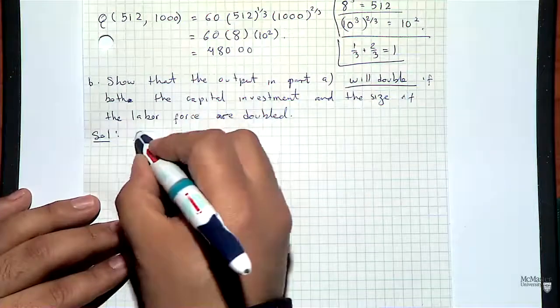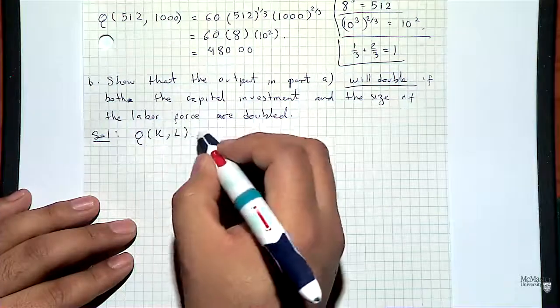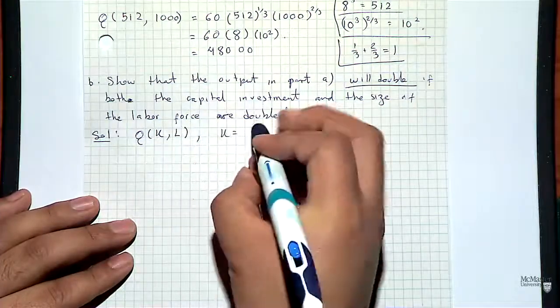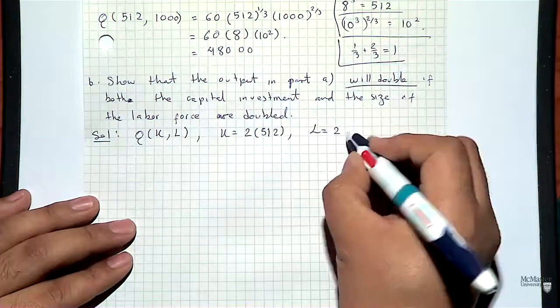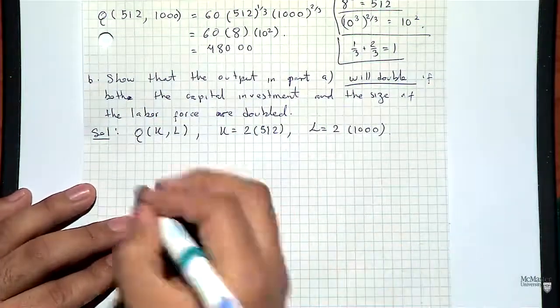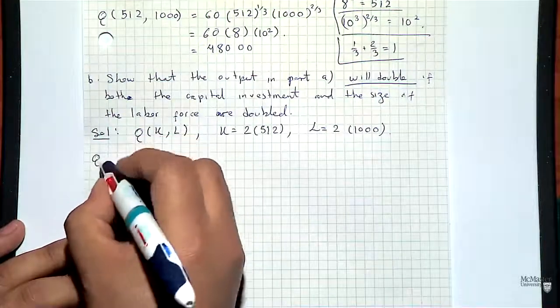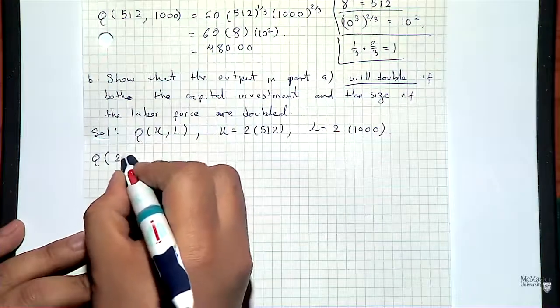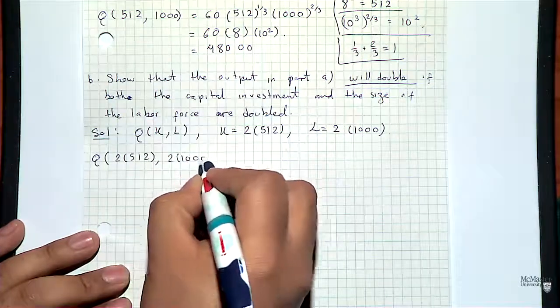Well, in this case what you will do is a computation of the form, again, Q of K and L, where K now is twice 512 and L is 2 times 1000. So that should give you an idea of why we wrote the doubling in this fashion. So Q at the point twice 512 and twice 1000.